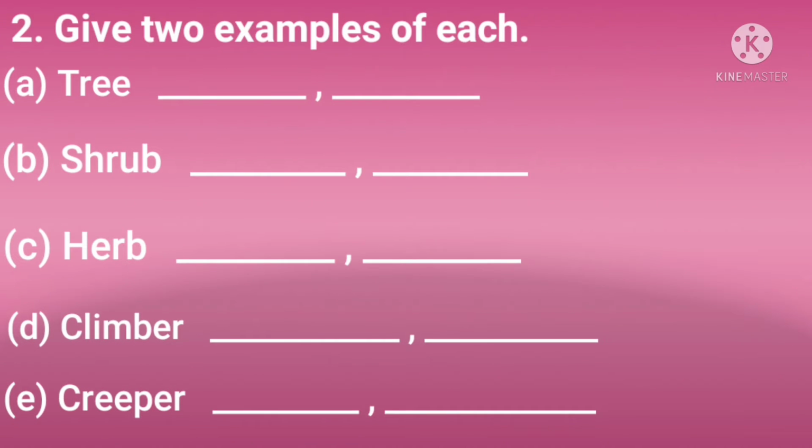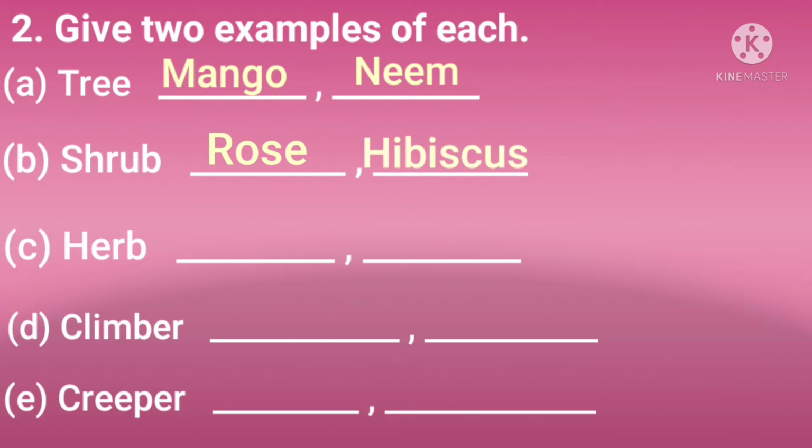Question number 2. Give 2 examples of each. Number A. Tree. Can you tell 2 examples of trees? Yes, mango and neem are 2 examples of trees. Number B. Shrub. Rose and hibiscus are 2 examples of shrubs.